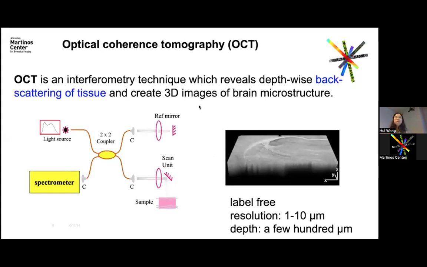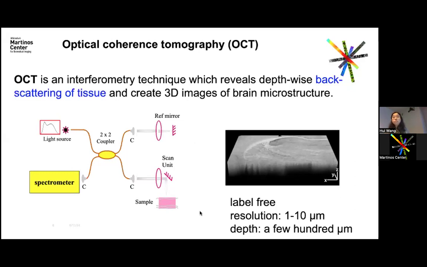So OCT is an optical interferometry technique that gives depth-wise information of your tissue. And with a raster scan in XY, it can reconstruct the microstructure in a volumetric fashion of the human brain. And the advantage of that is it's label-free.